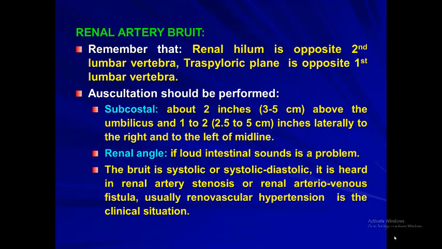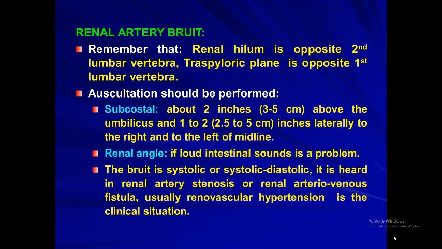Renal artery bruit. The renal hilum is opposite the second lumbar vertebra. The transpyloric plane is opposite the first lumbar vertebra. Auscultation should be performed either opposite the renal angles anteriorly, in the subcostal area, or at the renal angle posteriorly if intestinal sound is a problem or high.